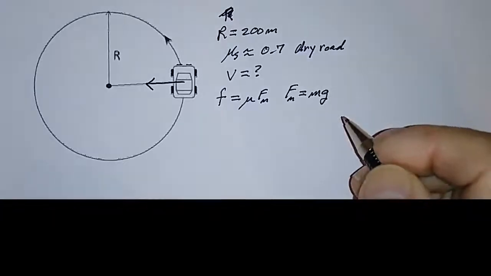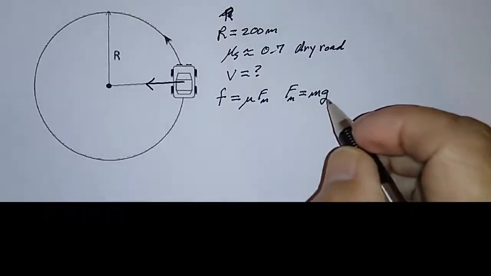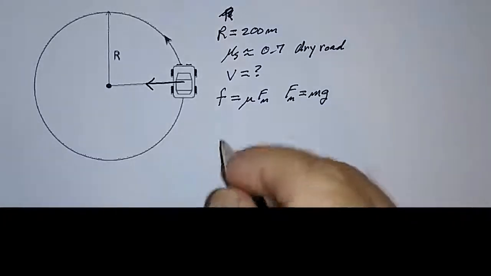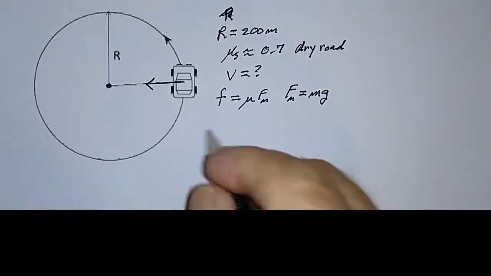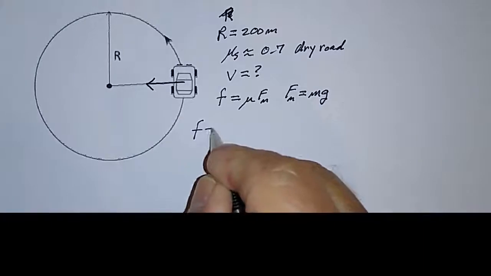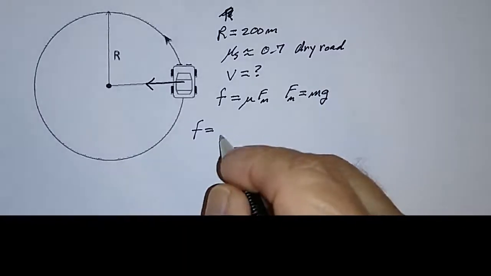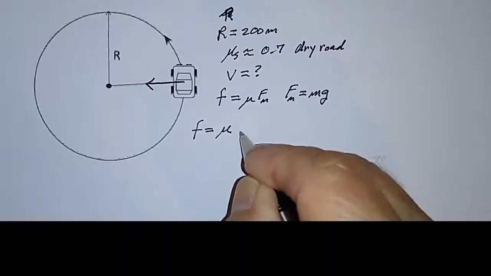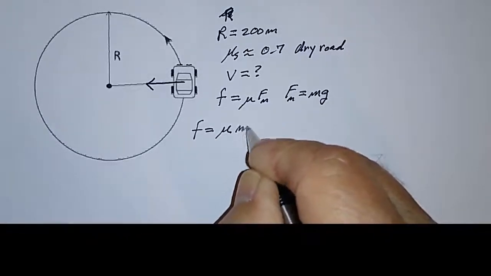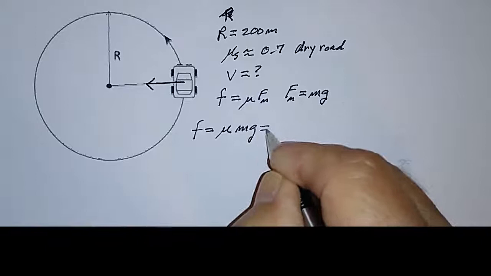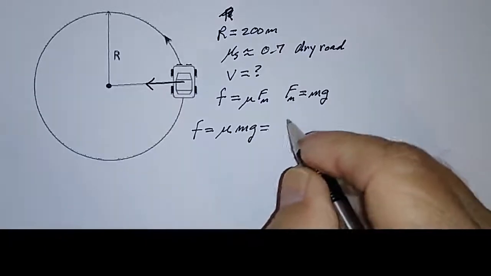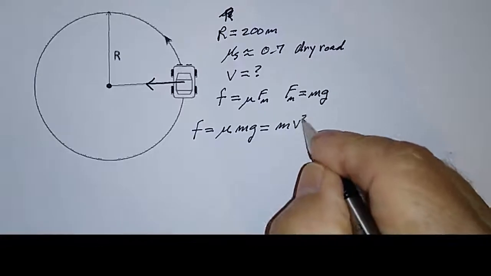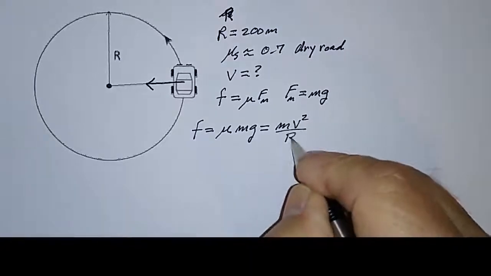We're assuming it's a level surface, so the normal force is just equal to the weight, and that represents the net force, F. F is equal to the net force, which is mu times the normal force, which is mg, and that is equal to the mass times the centripetal acceleration, v squared over r.